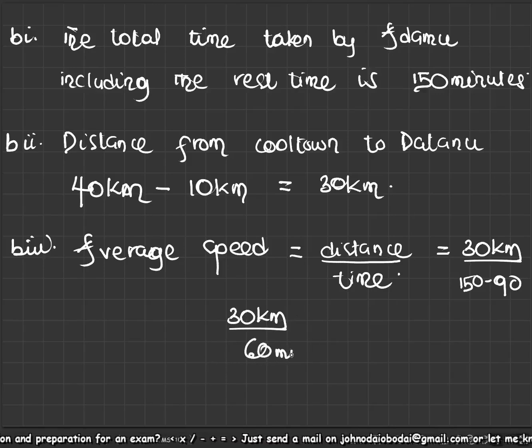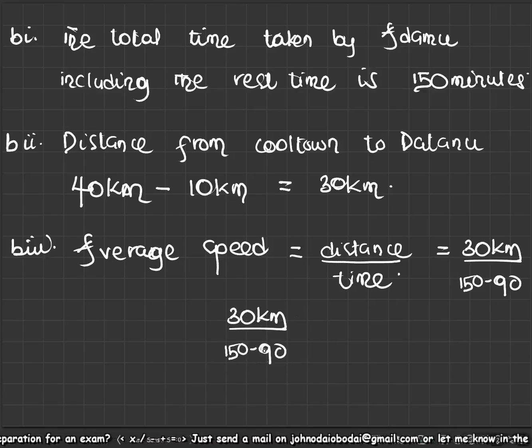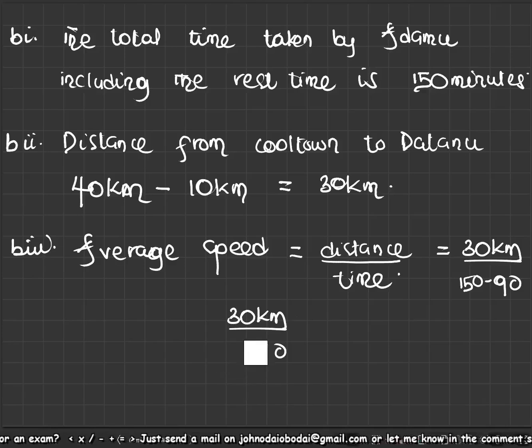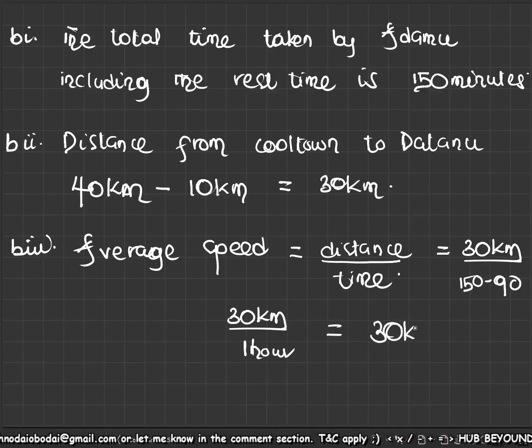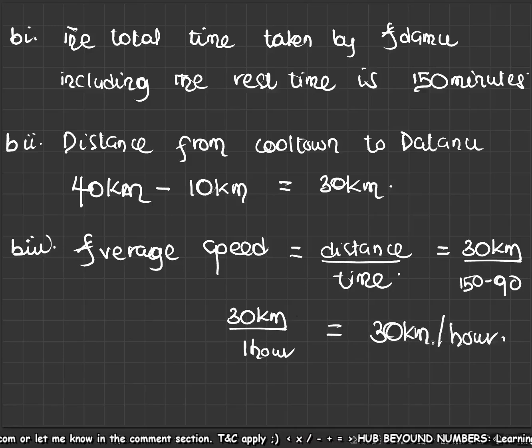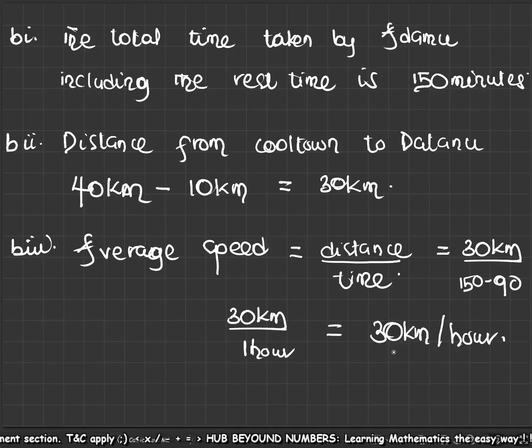And 60 minutes we know is actually what? 1 hour. So 30 kilometers over 1 hour will then give us what? 30 kilometers per hour. And that is his average speed of Adamu from Kutown to Datanu.